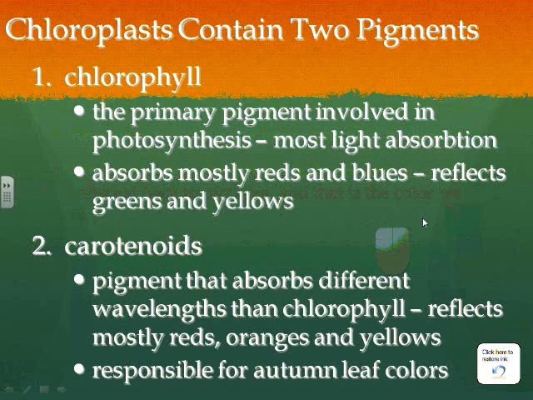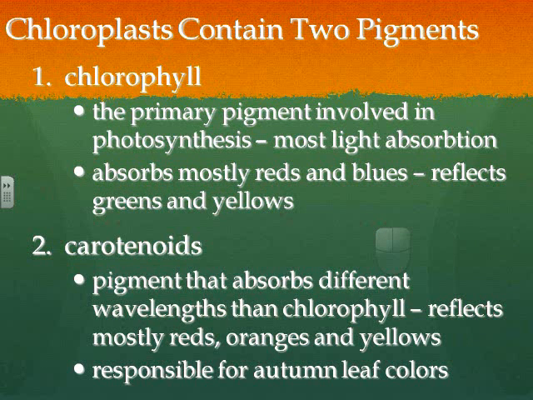So, when we start talking about the particular types of pigments, think about it: do leaves always stay the same color? No. Every fall, they change color. So, how do they change color? What does that mean in terms of what we see? It means that when we see red leaves in the fall, they're absorbing different wavelengths and bouncing off different wavelengths. That's because plants don't only have chlorophyll.